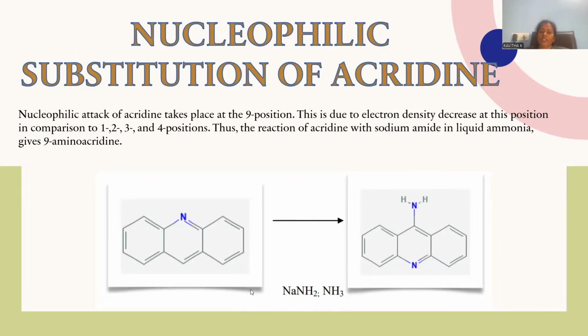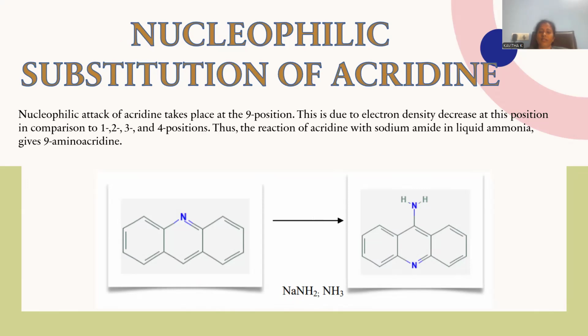And there is a provision for the Chichibabin reaction. It is part of nucleophilic substitution, where the acridine molecule is treated with a strong nucleophilic reagent, sodamide dissolved in liquid ammonia, generating the amide fragment.